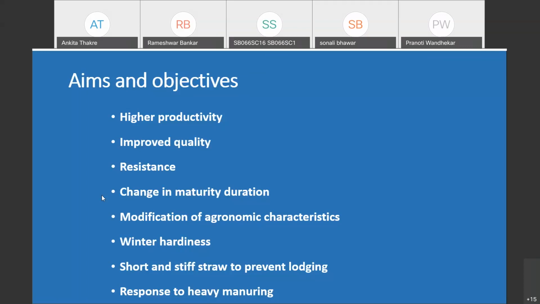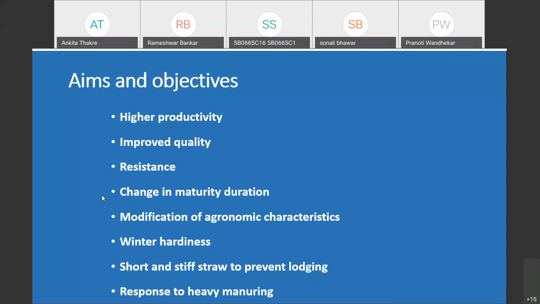Okay, aims and objectives. The first one is higher productivity in grain, fodder, fiber, oils, and other plant products. Improved quality: shape, size, color, nutrition, flavor, malting, cooking, and keeping qualities in vegetables, fruits, and food grains.